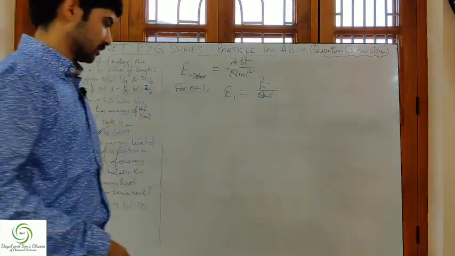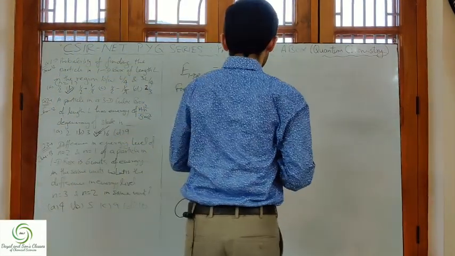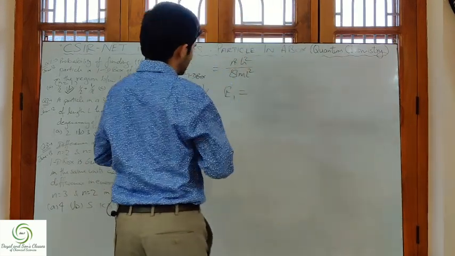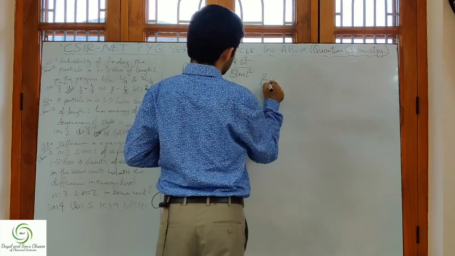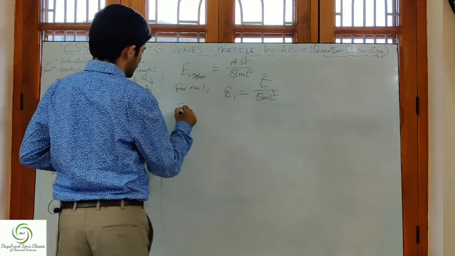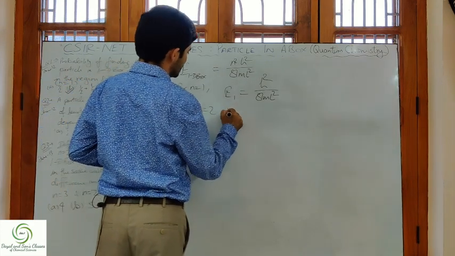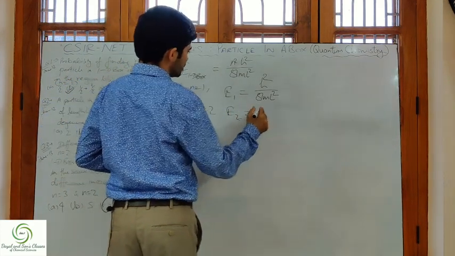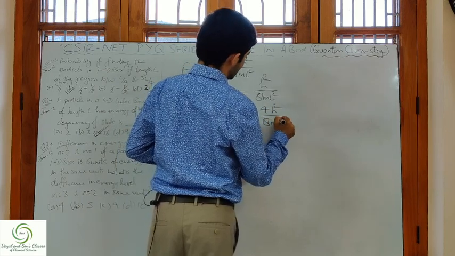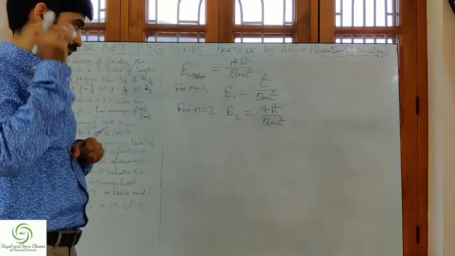E1 will be equal to h square upon 8 m L square. For n equal to 2, E2 will be equal to 4h square upon 8 m L square, right?